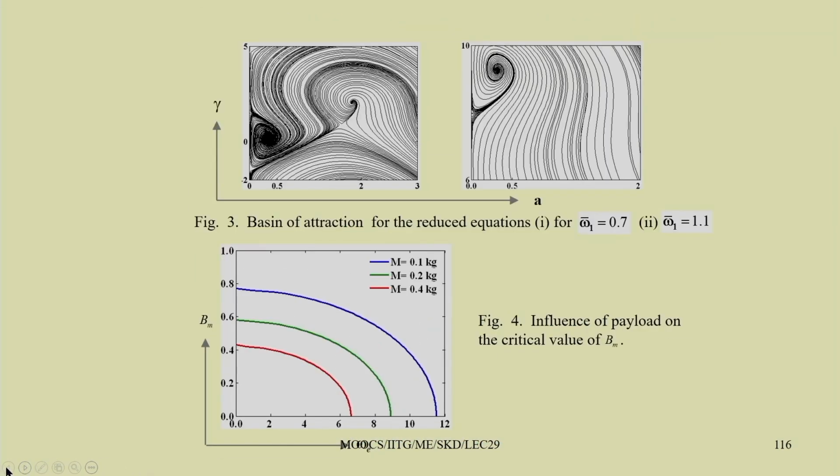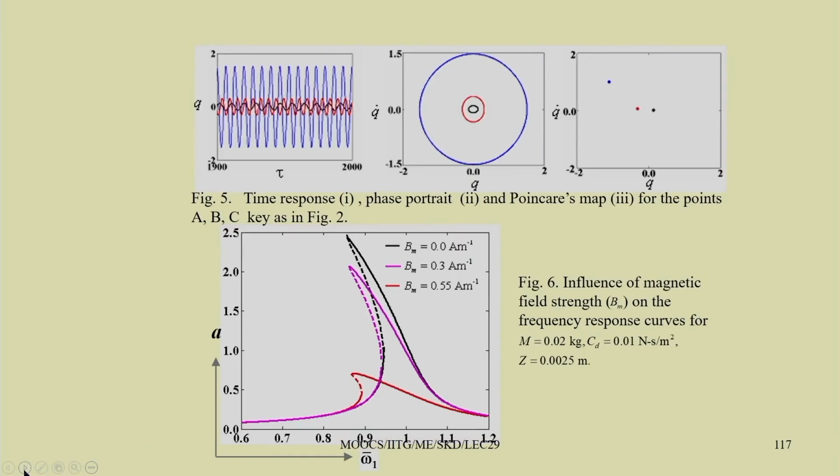So, you can study the frequency response curve, and here you can see how, with varying this magnetic field and other parameters, we can have the response of the system. Clearly you can control the vibration of the system by applying different magnetic field. For example, with zero magnetic field, this black curve is there.